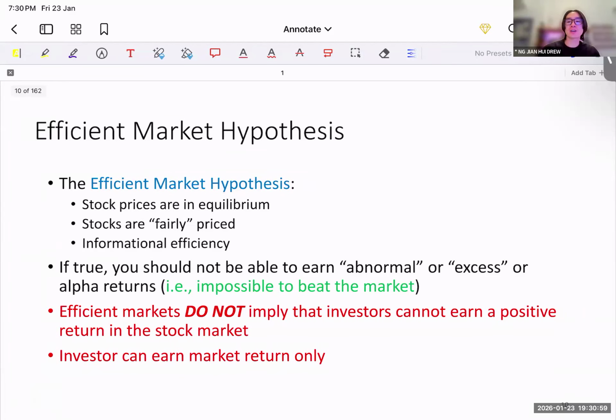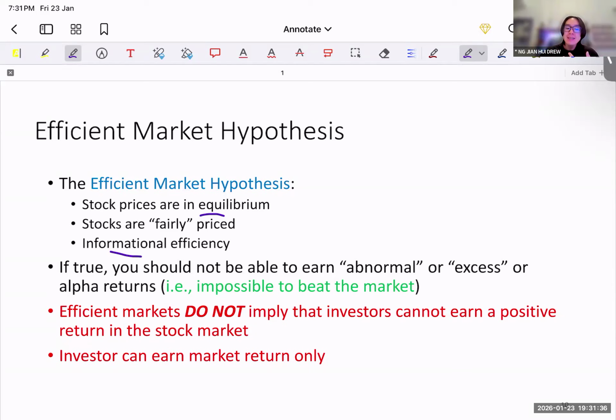So basically, what the efficient market hypothesis is trying to say is that generally stocks are at equilibrium, they're fairly priced, and there's no so-called information asymmetry like what your friend mentioned, because the information is all very efficient. Everyone gets the information, whether it's public or private, and so it is incorporated into the price of the stock, right? But with that said, the efficient market hypothesis doesn't say that you cannot earn returns because information has been included already.